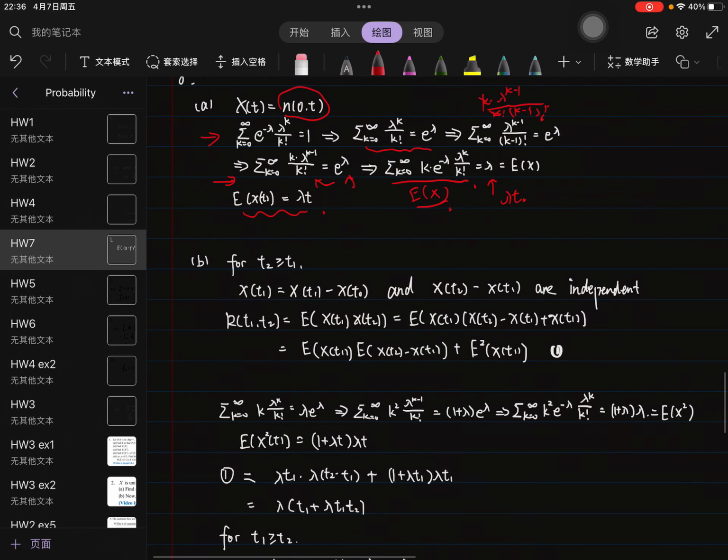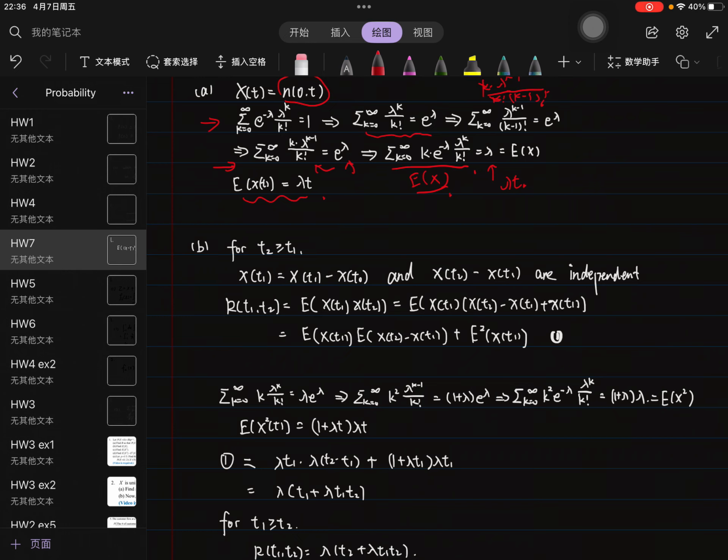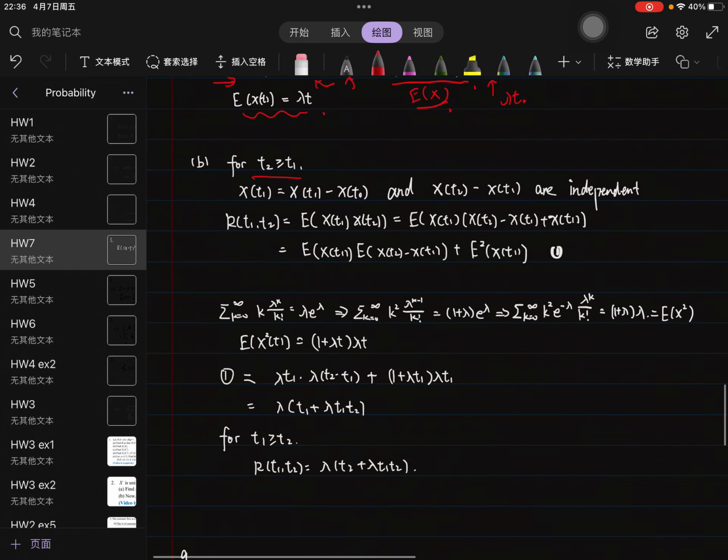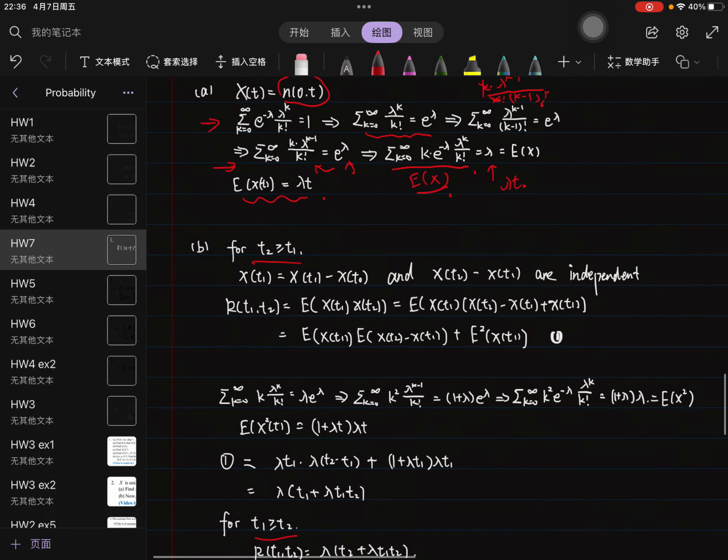For the second question, we have two situations. The first is that t2 is larger than or equal to t1, and the second is t1 is larger than or equal to t2. With definition 3, we know that X(t) equals N(0, t).